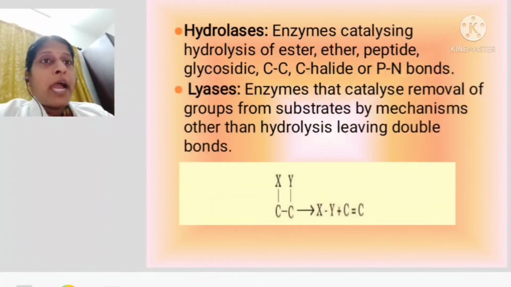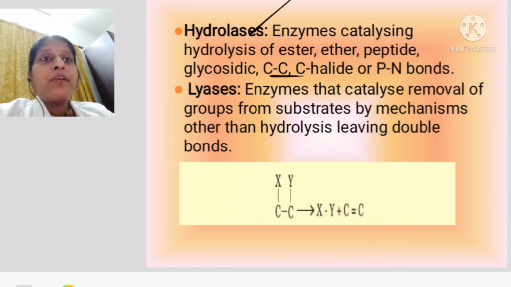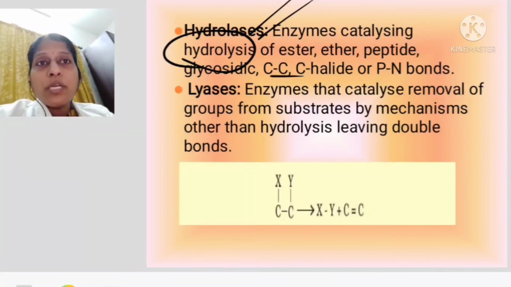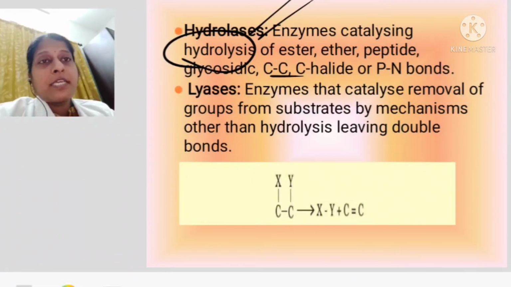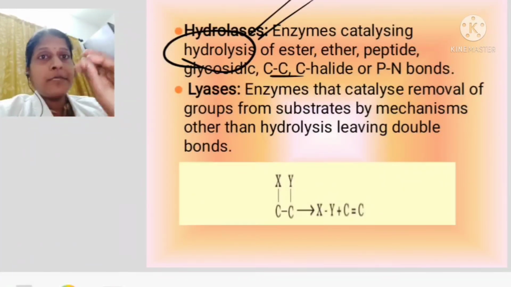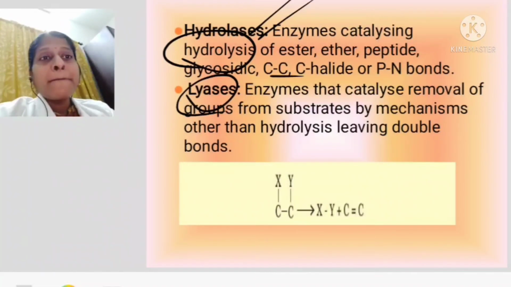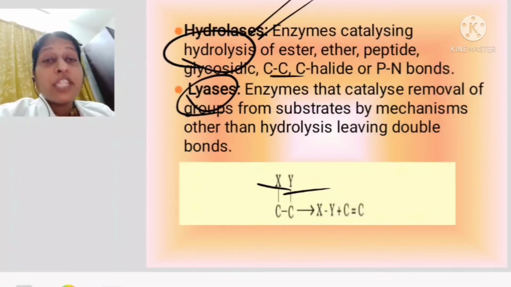Hydrolysis: you can find the breaking of a bond is taking place with the help of water, and the break has converted into small monomers, or 2 molecules like that. Lysis: again breaking is taking place, but without water.